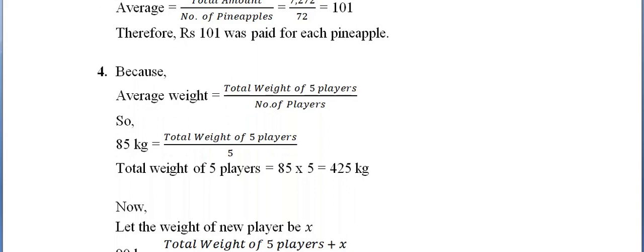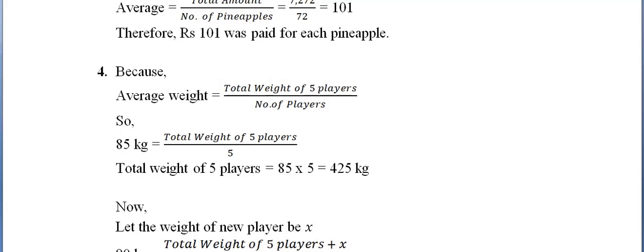Question number 4. The average weight of 5 kabaddi players is 85 kg. The average is already given. If another player joins them, the average becomes 90 kg. So what was the weight of the new player? So here there are two situations.